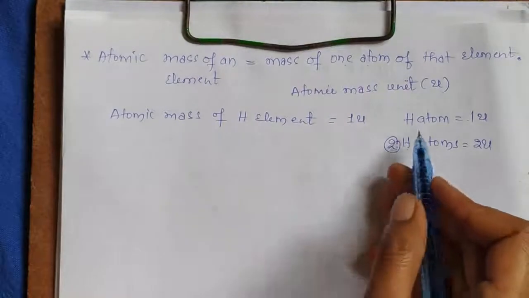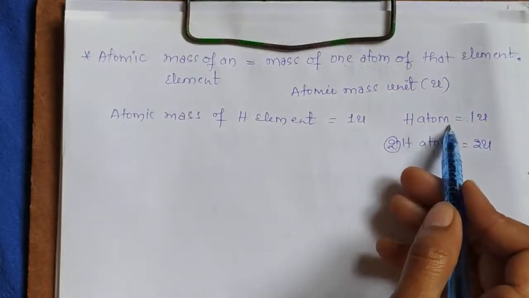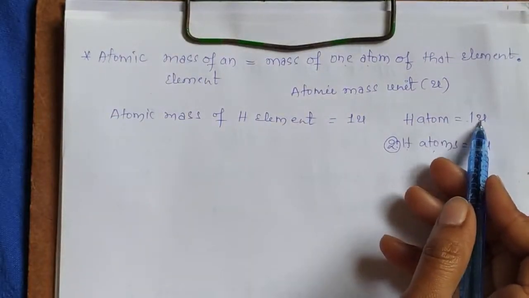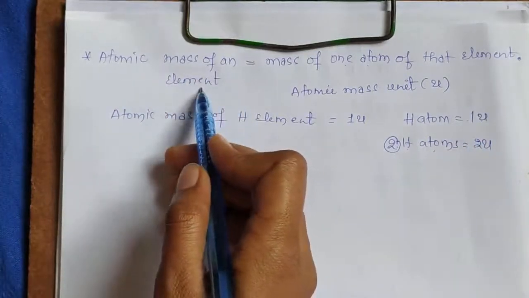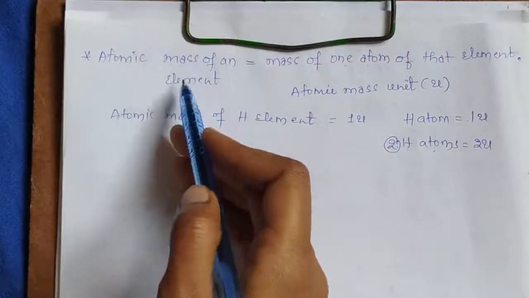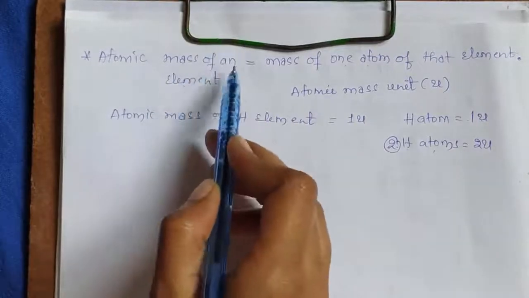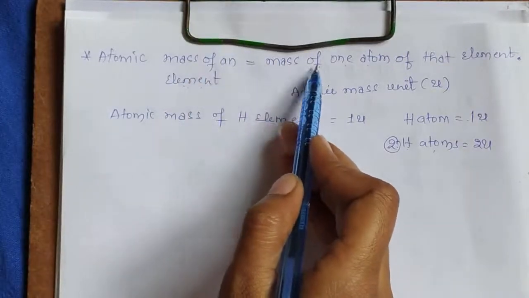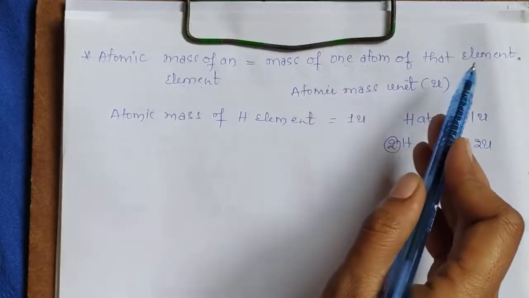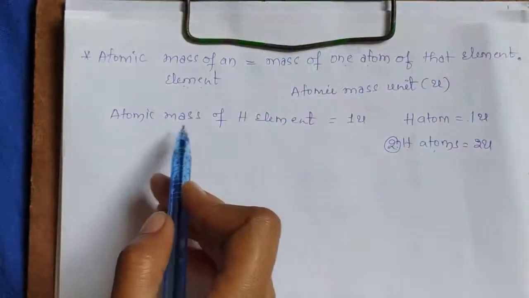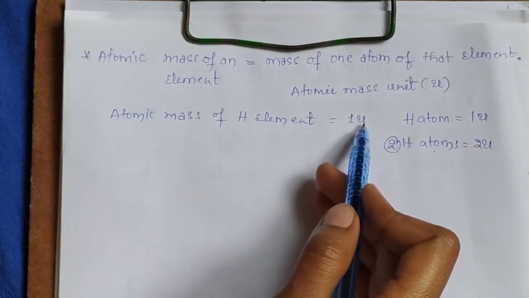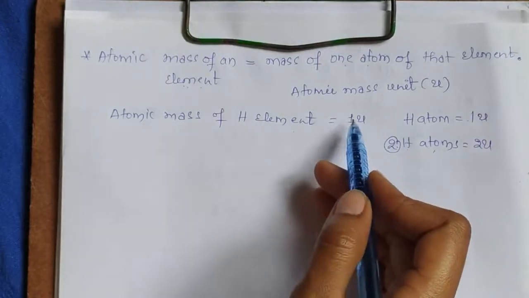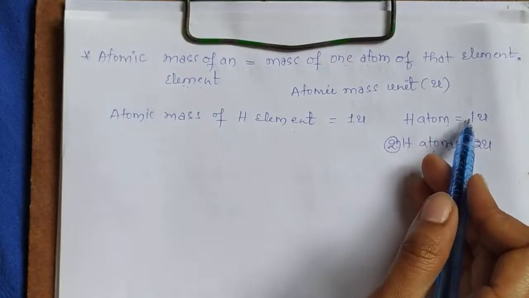Okay, see here, atomic mass of one atom is equal to 1 atomic mass unit. Generally, when we say the atomic mass of an element, it is always equal to the mass of one atom of that element. For example, atomic mass of hydrogen is 1 atomic mass unit.